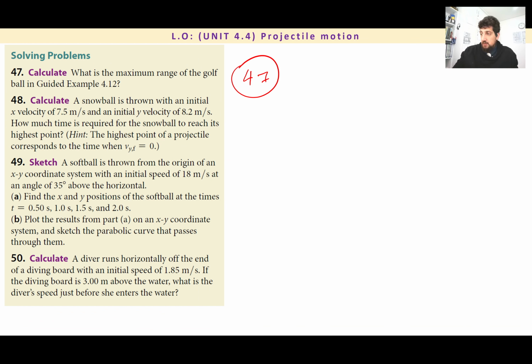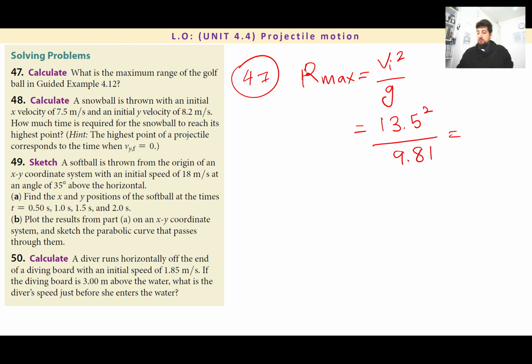Maximum range. So maximum range is going to equal R max, the initial velocity squared over g, which we know is going to be 13.5 squared over 9.81, which is equal to 18.6 meters.